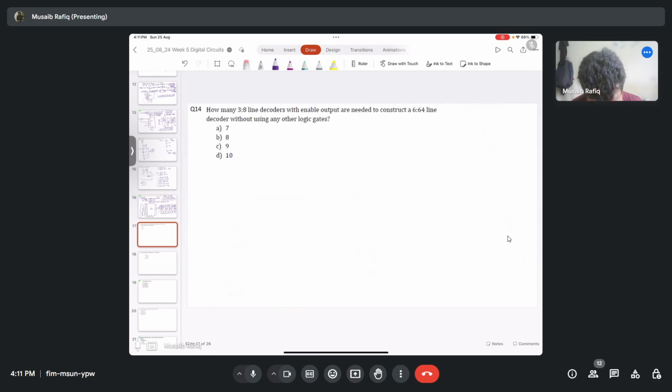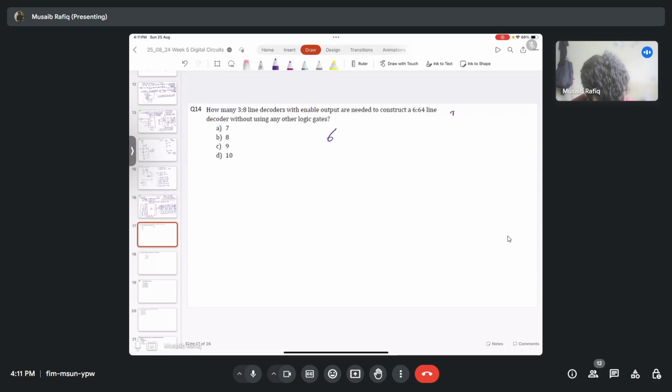Now my next question is: how many 3 to 8 line decoders with enable output are needed to construct a 6 to 64 line decoder without using any other logic gate? We saw earlier how we approach these problems. What we'll do here is take 64.